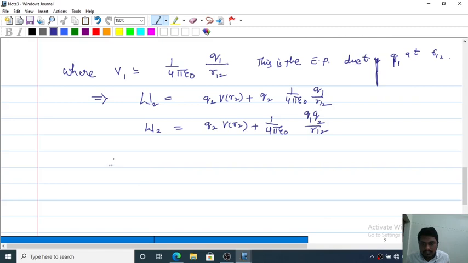of two charges. But before that I need to find the total work done. So what is the total work done? Total work done W is equal to W1 plus W2.